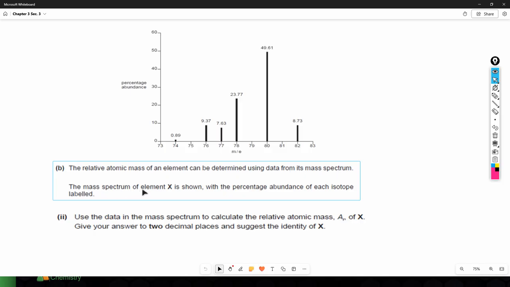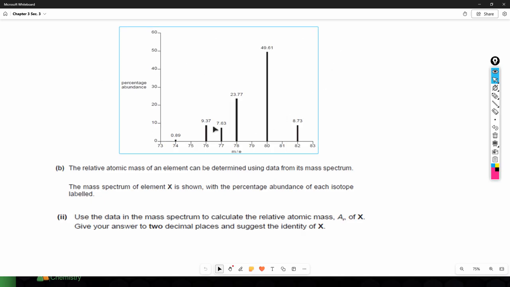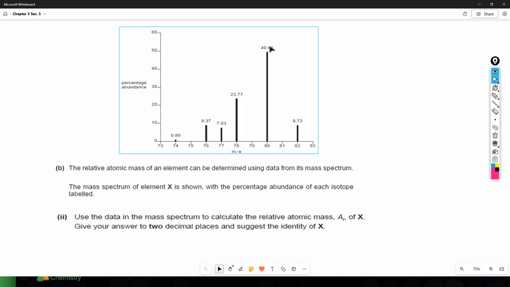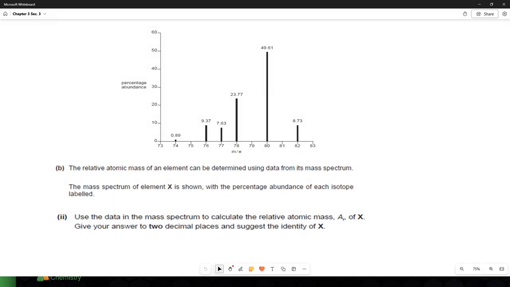The mass spectrum of element X is shown with the percentage abundance of each isotope labeled. So this B part is essentially explaining what you're looking at. You're looking at the percent abundance, the mass spectra of element X, and they don't tell you what the element is because they're probably going to ask us for it. And they're telling us that these numbers on top of each bar are the percent abundance.